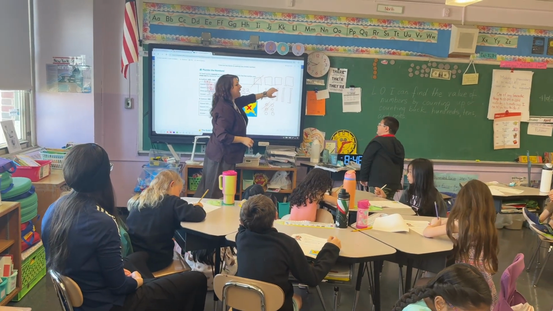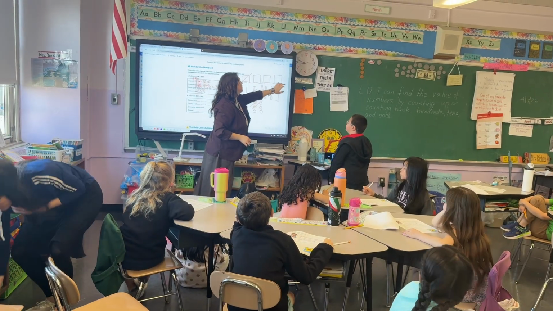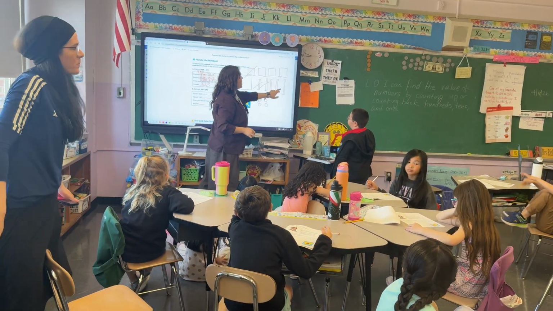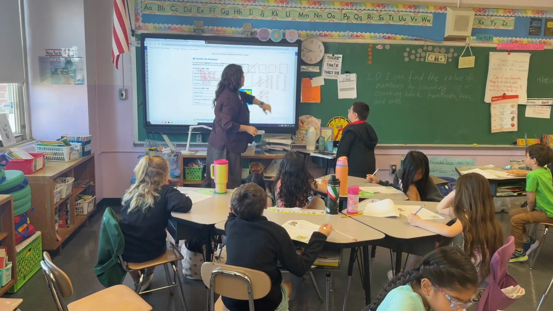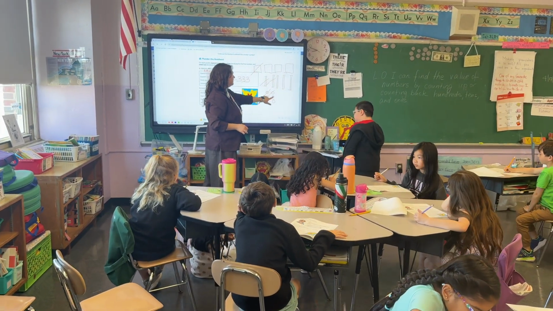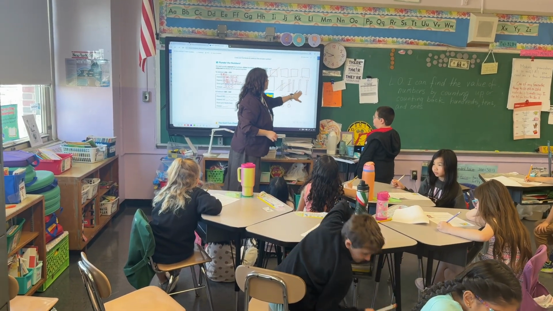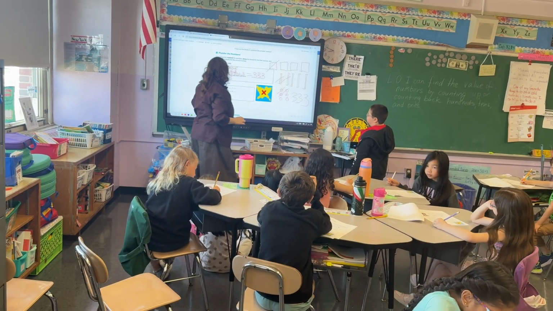How many hundreds we have left? Let's count together. 1, 2, 3. So 300. How many tens? 1, 2, 3. So that's 10, 20, 30. And how many ones we have? 1, 2, 3. So 3, 3, 3. This is the same as what we got here.